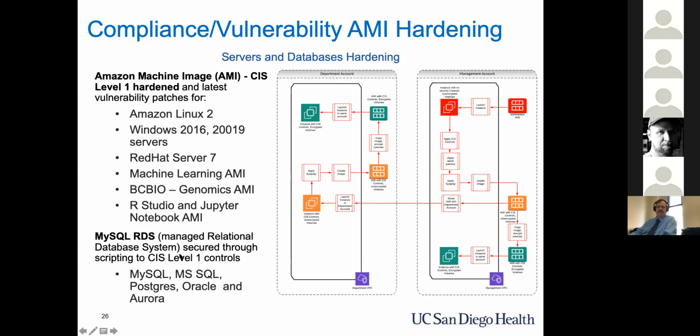And then with RDS, we've hardened and built out, they're not really AMIs, but essentially secured Microsoft SQL, MySQL, Postgres, Oracle, and Aurora. Though we're primarily using MySQL, Microsoft SQL, and Postgres.